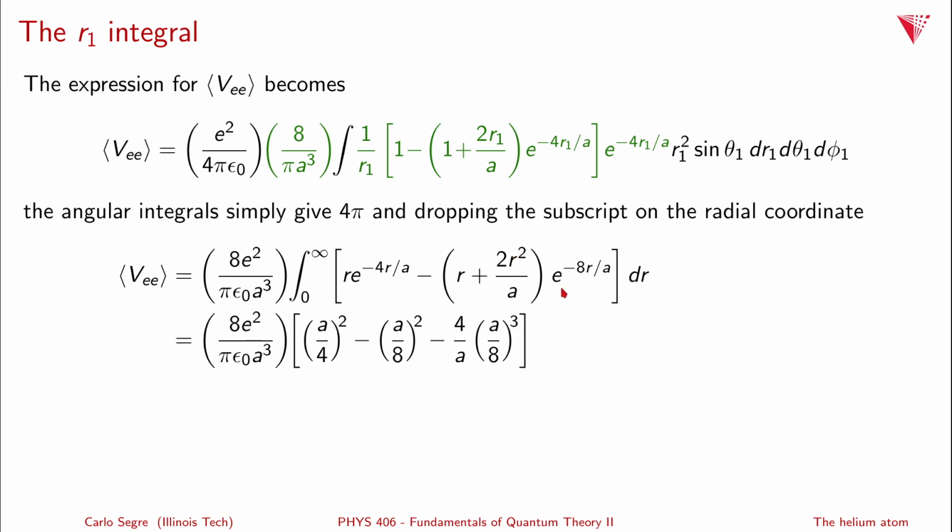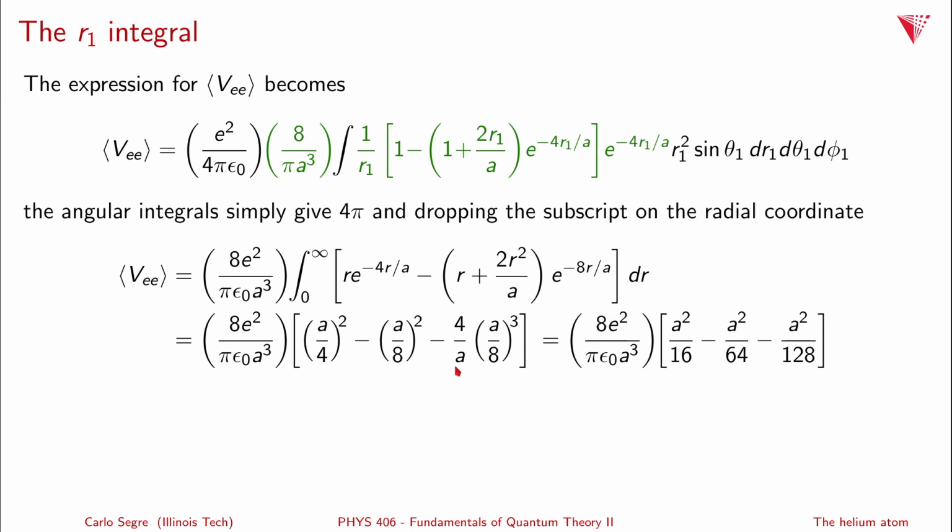When I do all that, it boils down into something rather simple, and that gives me 8e squared over pi epsilon naught a cubed times the quantity a over 4 squared in the first term, minus a over 8 squared, minus 4 over a over 8 cubed.